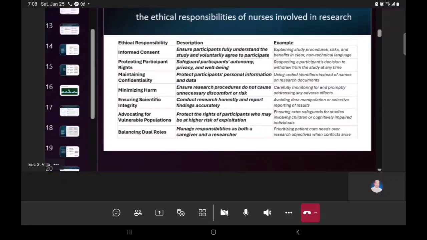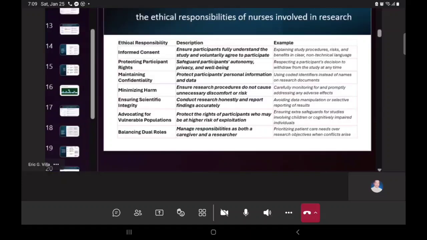Finally, nurses involved in research often face the challenge of balancing dual roles as caregivers and researchers. They must navigate potential conflicts between these roles, always prioritizing patient care needs over research objectives.